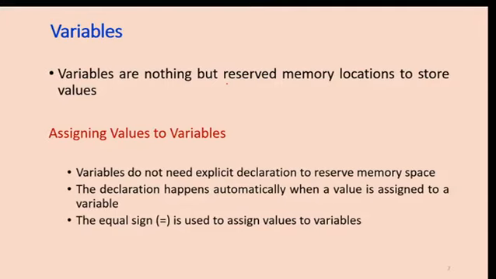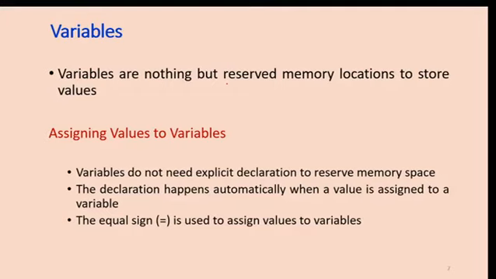When we give a equal to 10, it means that the value 10 will be directly stored in the variable a. First, memory required for the variable will be allocated. It will first identify it as an integer because 10 is an integer. The compiler will understand that memory required for an integer should be allocated and then 10 will be initialized to that memory location.